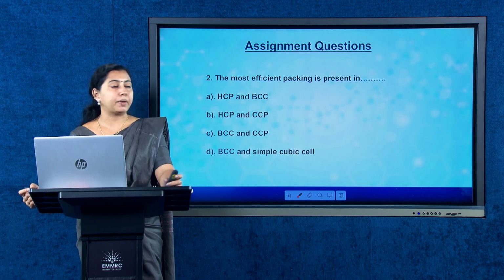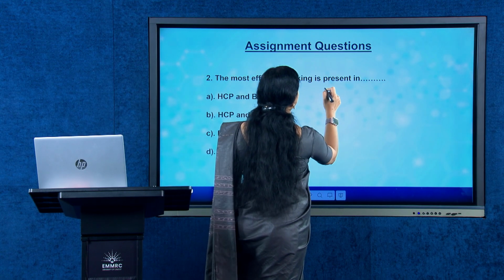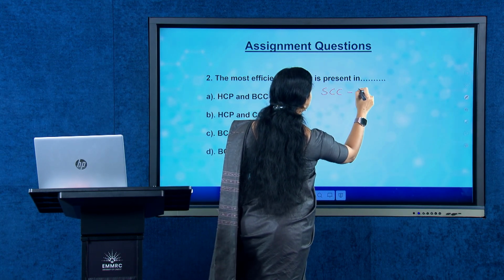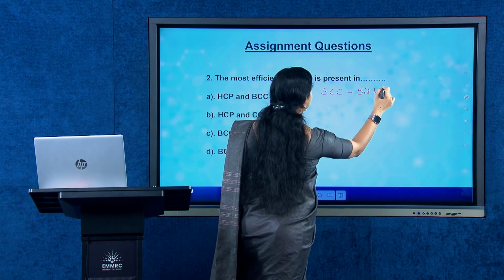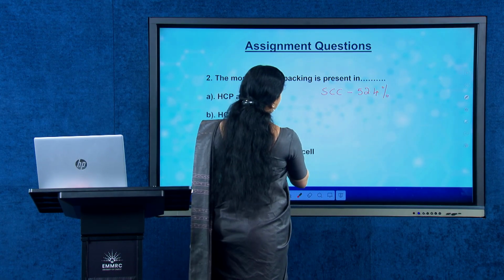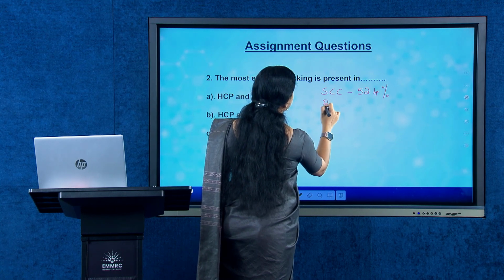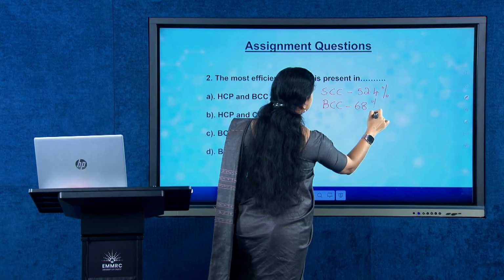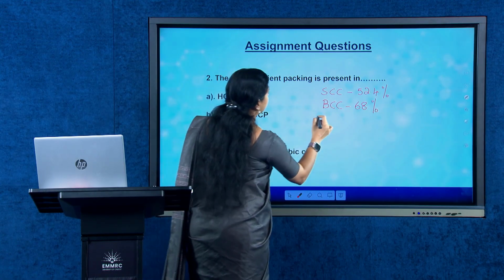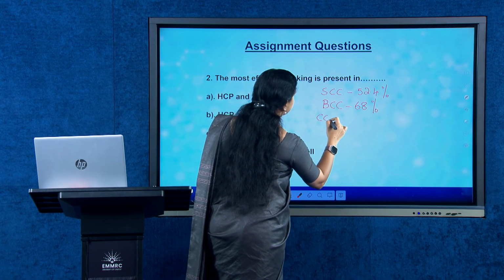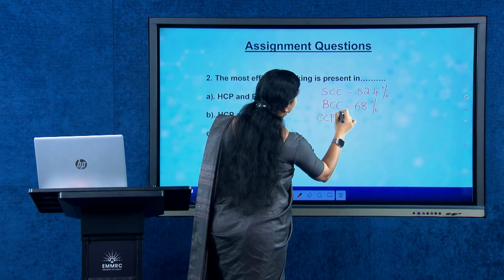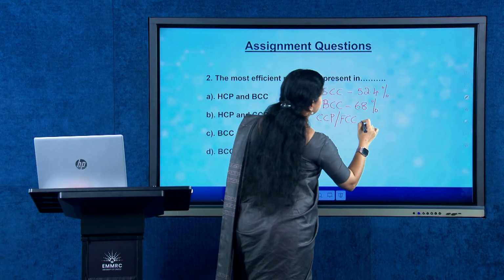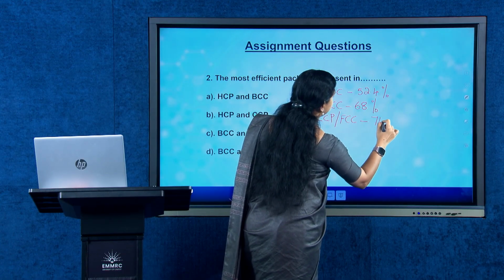When we discussed about the packing efficiencies, we have seen that in a simple cubic arrangement, the packing efficiency was only 52.4%, whereas in a body centered arrangement BCC, it was about 68%. In a cubic close packing, that is CCP or FCC, face centered, it was the highest, that is 74%.